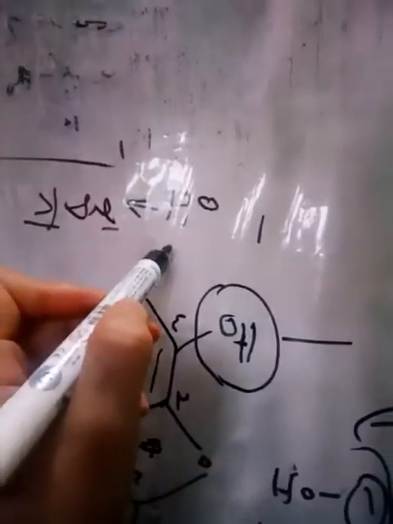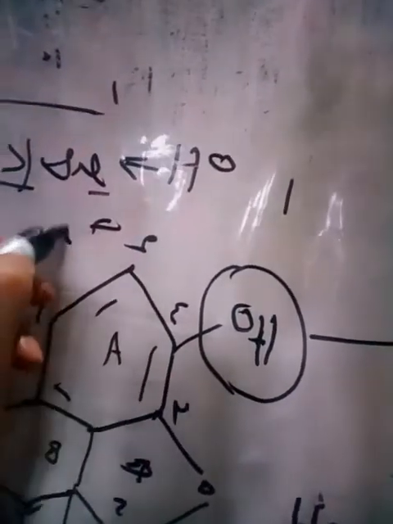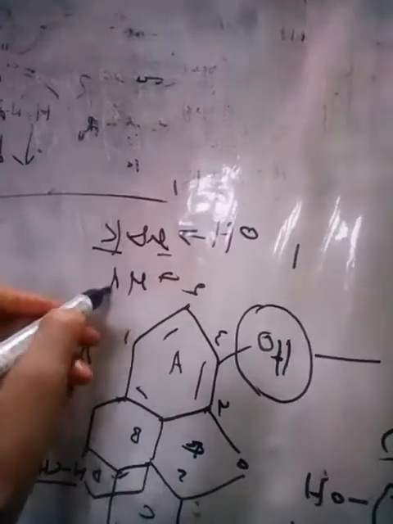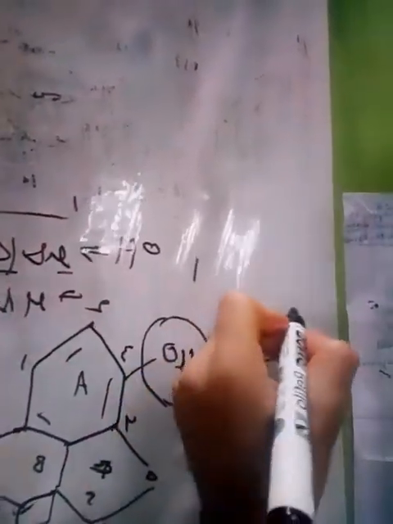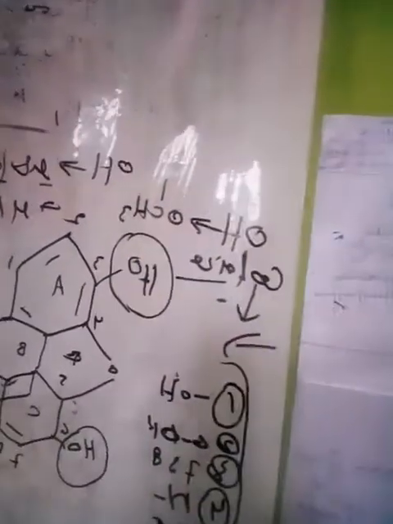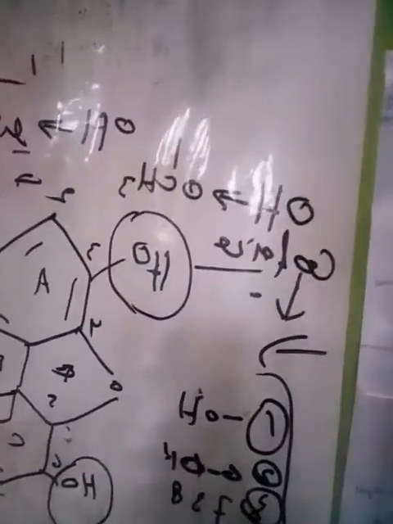This hydroxyl group is seen in all potent opioid agonists. Now if this hydroxyl group is converted to a methoxy group, it will yield codeine, and codeine has decreased activity compared to morphine. So codeine is less potent than morphine.